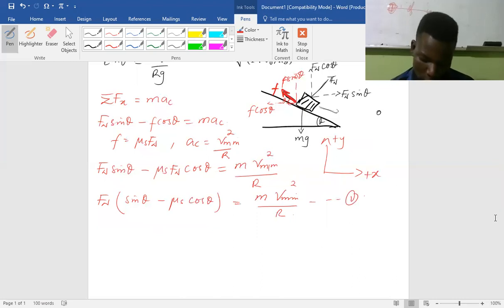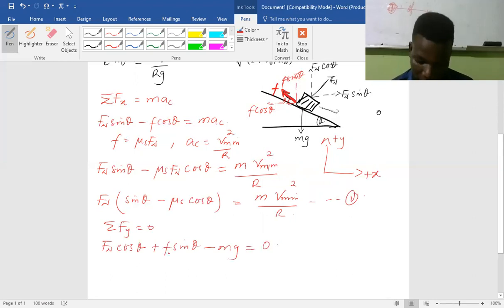In the vertical, we have the vertical component of the normal force plus the vertical component of the friction force, and this minus mg, equal to 0, like that.